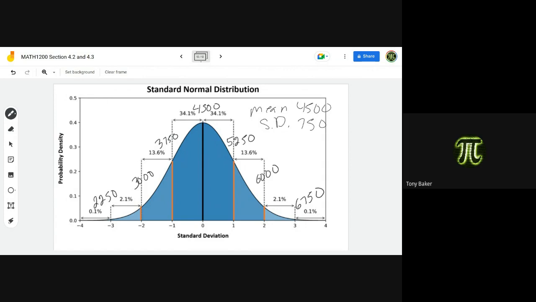Add the 2.1 and the 0.1, you get 2.2, and subtract that from 100, and you get 97.8. That's a little faster than adding up all of them. So I have a 97.8% chance that I'm going to make $6,000 or less. The converse of that is I have a 2.2% chance of making more than $6,000.